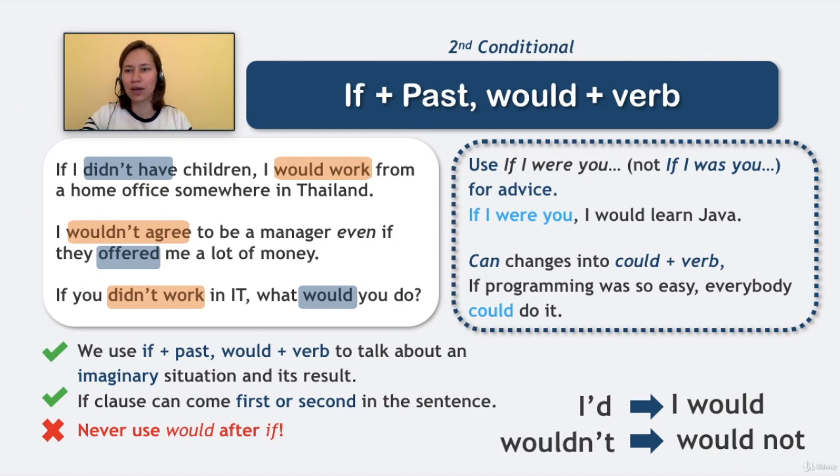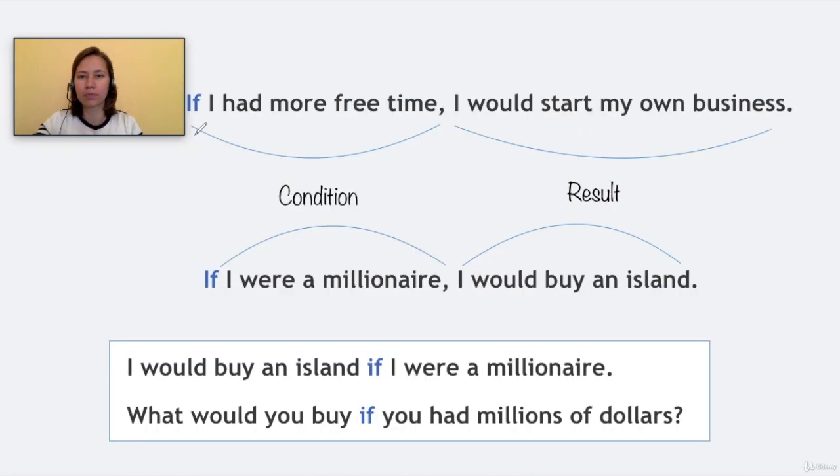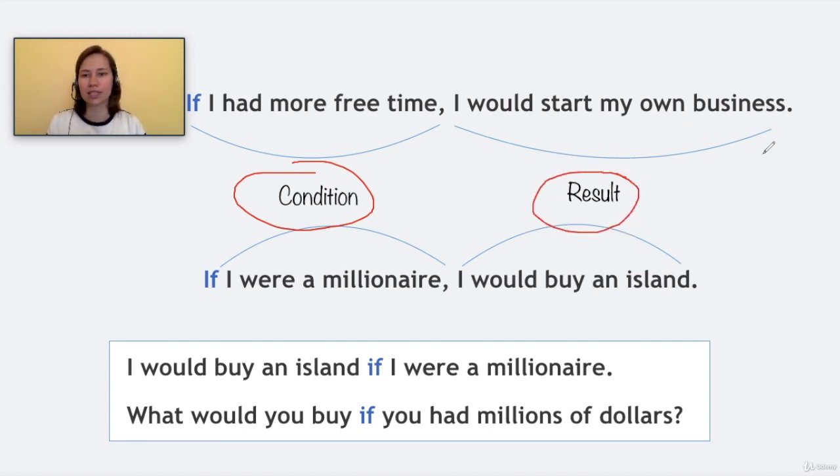Okay, so let's look at a couple of examples, a little bit more detailed. If I had more free time, I would start my own business. So again, there is a condition, which is here, and there is a result, which is this part of the sentence. So again, a conditional sentence has two parts, a condition and a result.